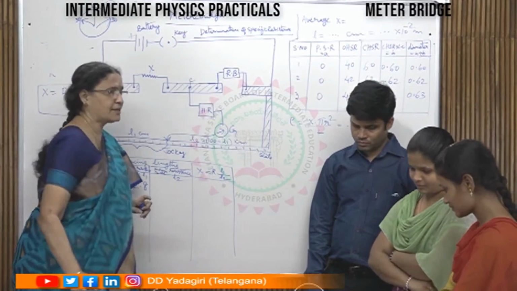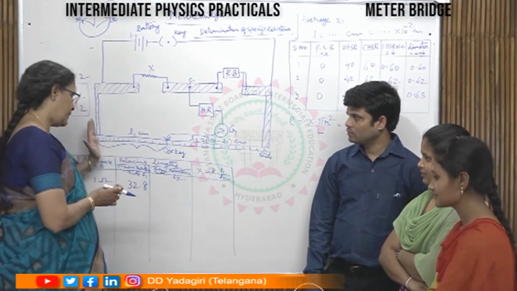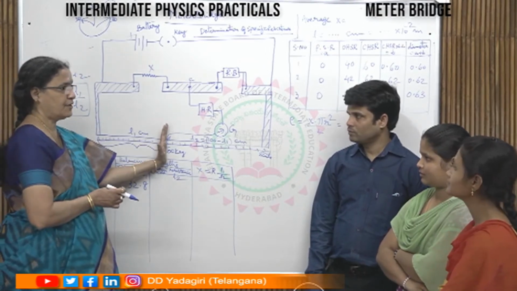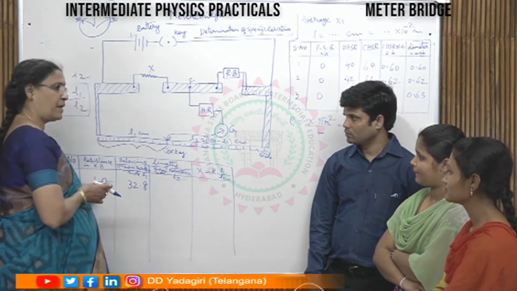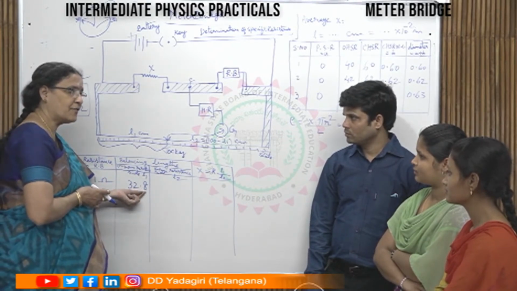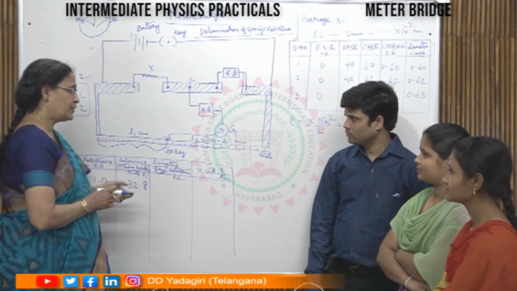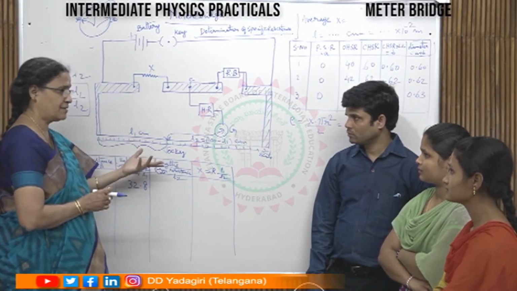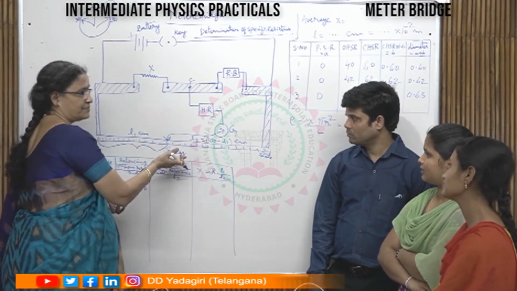What is the total length of the meter bridge wire? 100 centimeters. So when I applied 1 ohm, where did I get zero deflection? At 32.8 centimeters. Now the rest, should I measure? Not necessary. 100 minus L1 is L2.